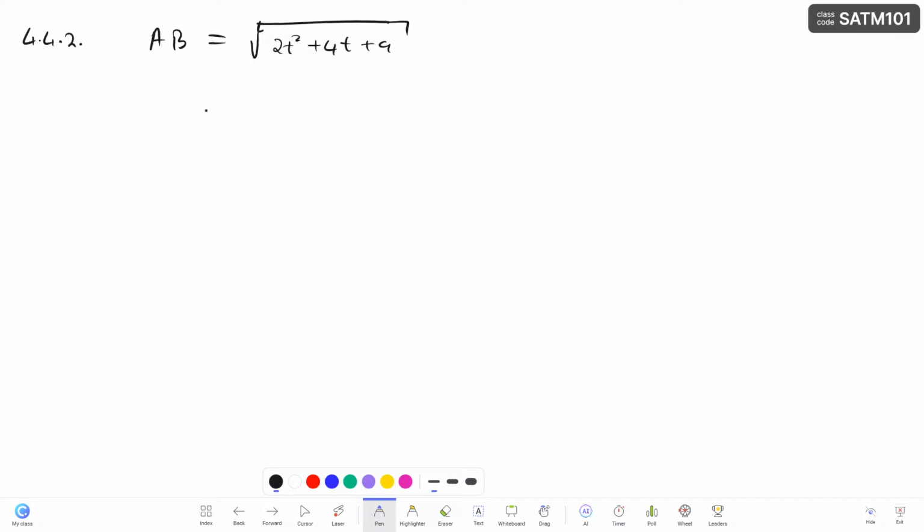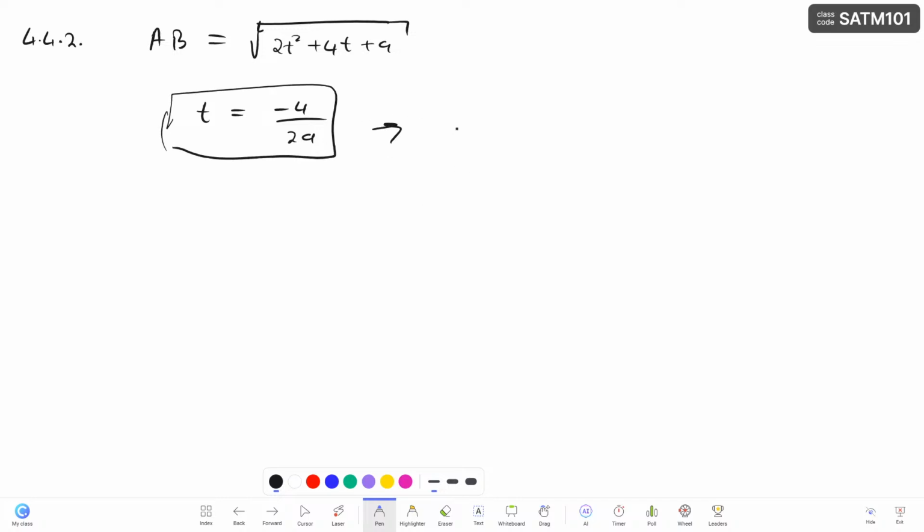So remember, there is this equation, and we're going to use it: x is equal to negative b over 2a.